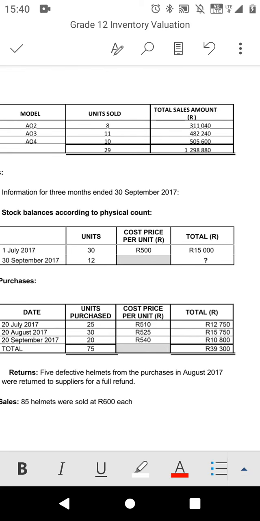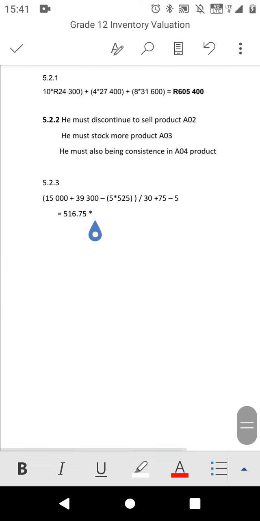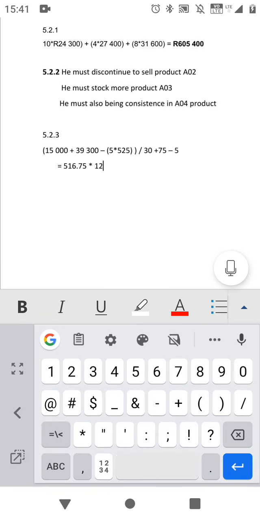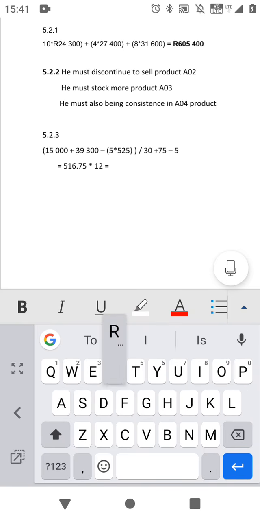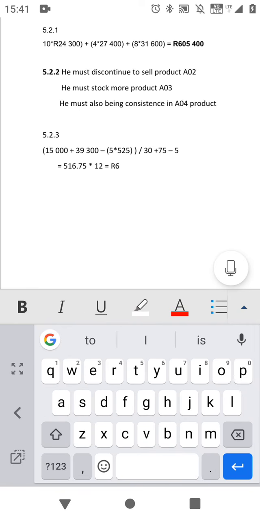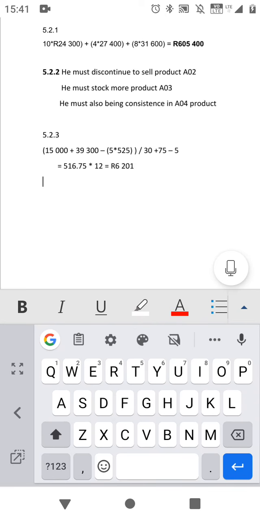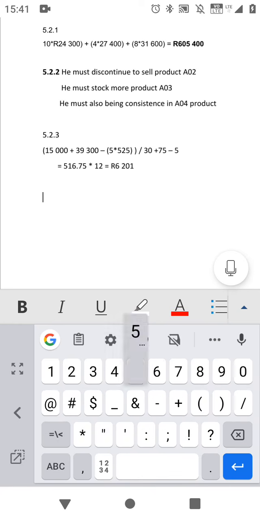Remember, they put a question mark because it's the one that we are looking for. Then we multiply by 12, and it will give us 6,201. That's the answer for 5.2.3. Simple as that.